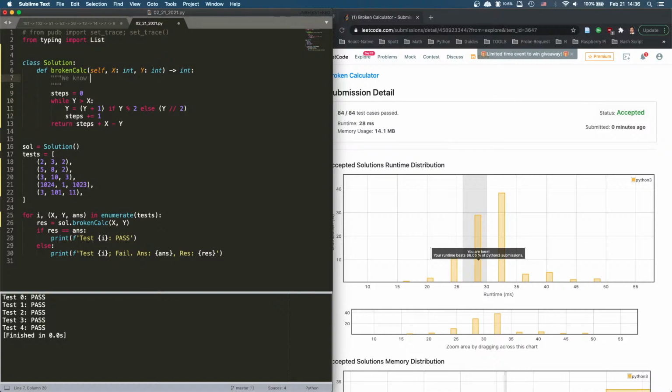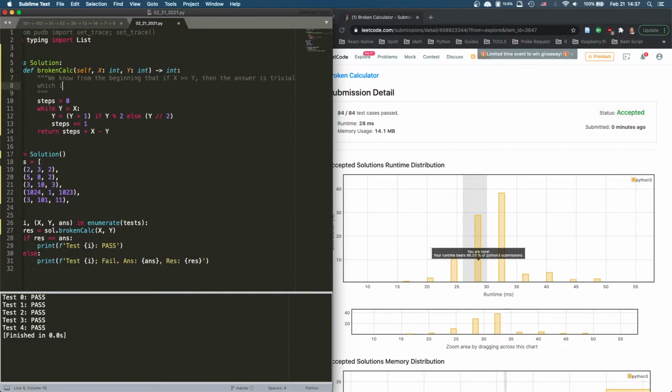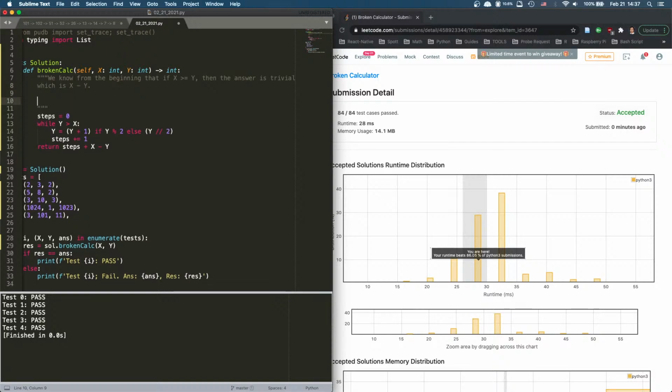We know from the beginning that if x is larger or equal to y, then the answer is trivial, which is x minus y.